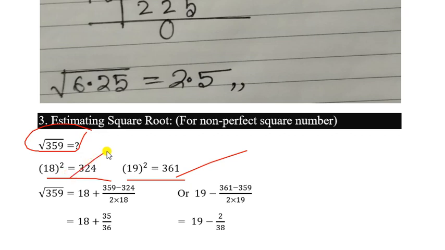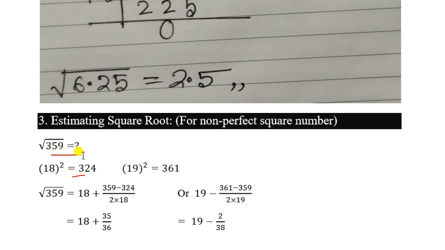When you find the square root from the smaller number, you follow this way, and when you find it from the larger number, you follow this way. In both ways you can find the approximate square root of any non-perfect square number. 18 squared is 324, which is less than 359.